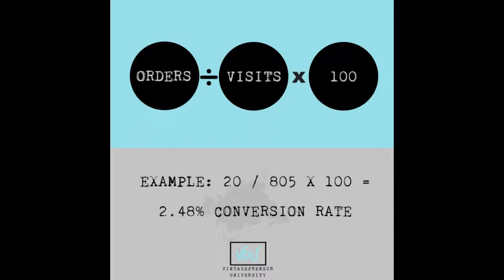Okay, so once you know your conversion rate and you've taken into consideration all the factors that could be contributing to it, then you're going to want to use that number to give you some insight on how to move forward.